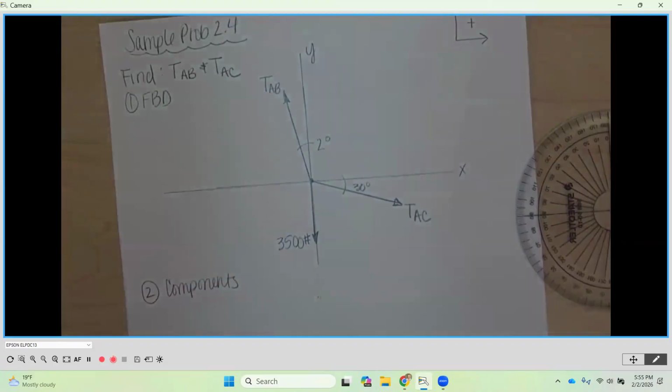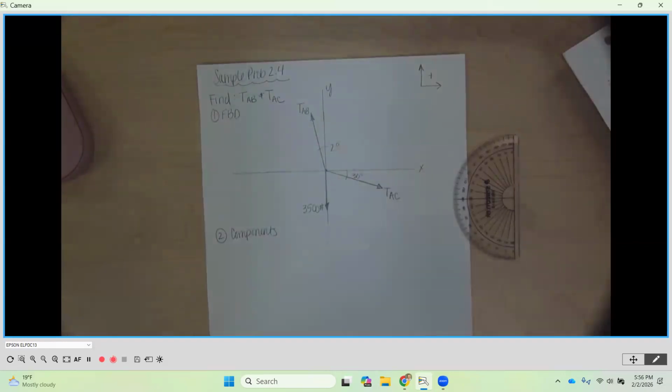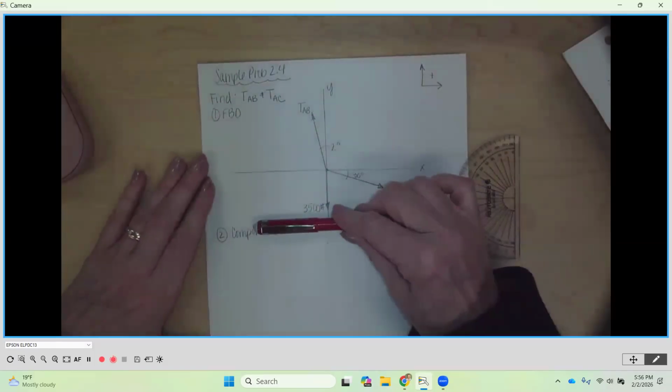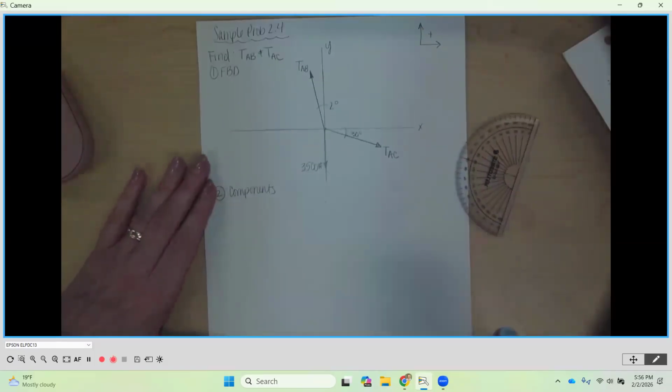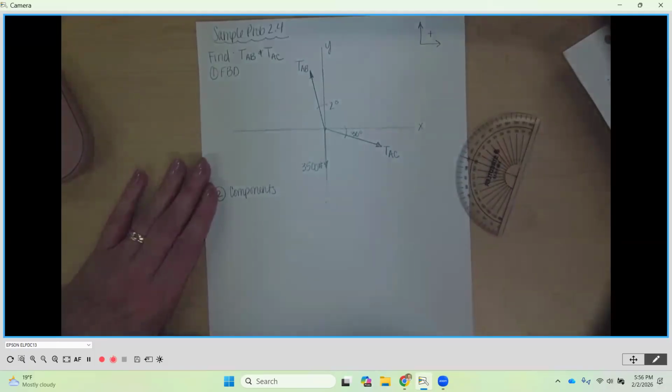Now, when you are doing your work for me, I'm going to ask that you work down the page. Please do not do a little over here, then a little over here, then go over here. Even if you number things, it feels like you're trying to squish it all in, and it gets really hard for me to see what you're trying to do, especially when we're uploading them.